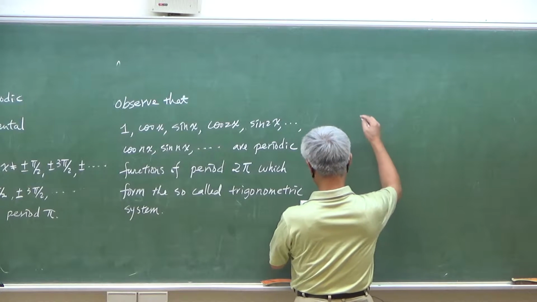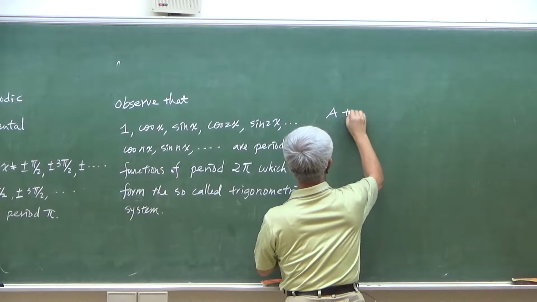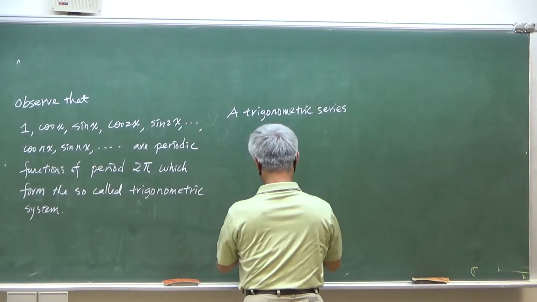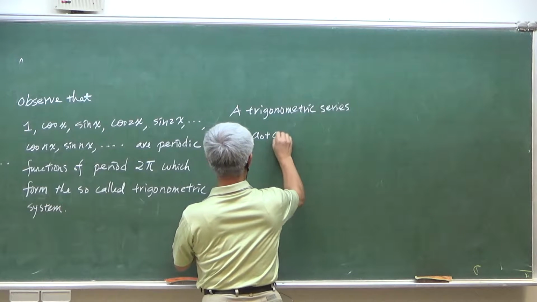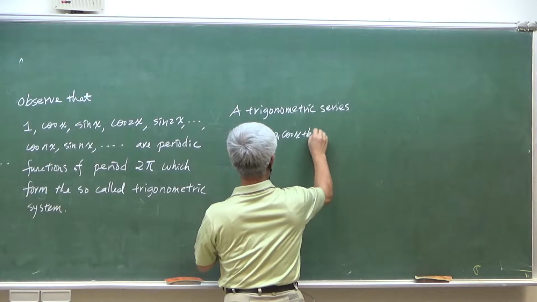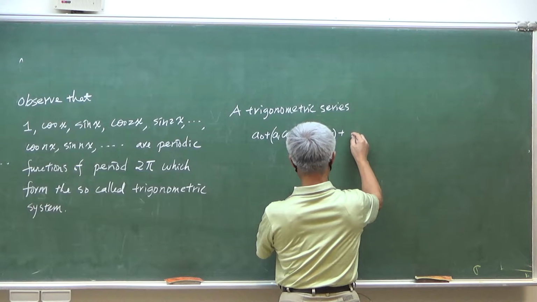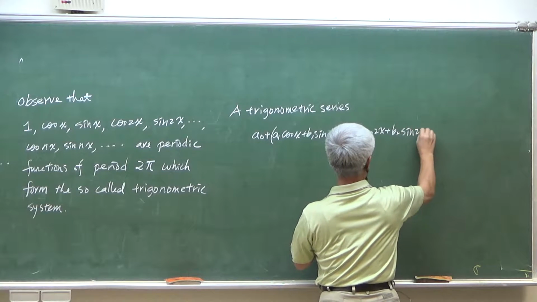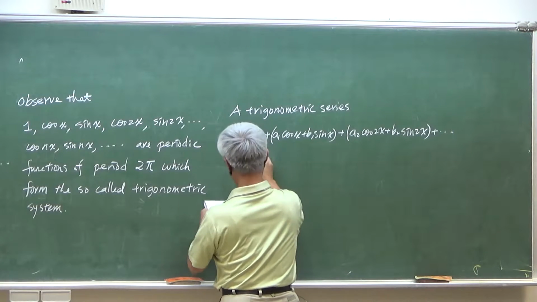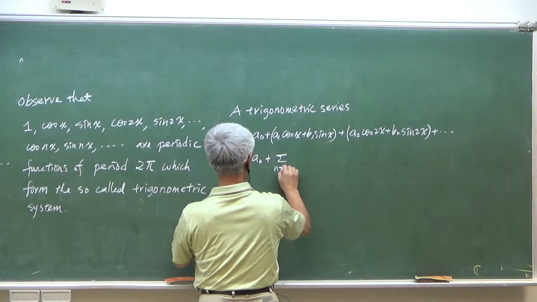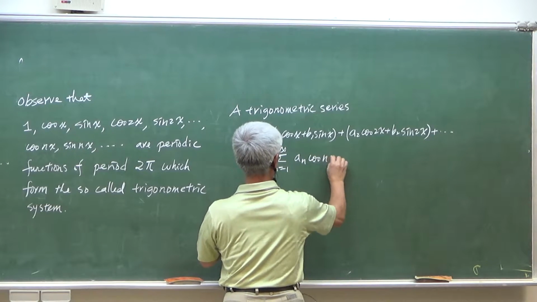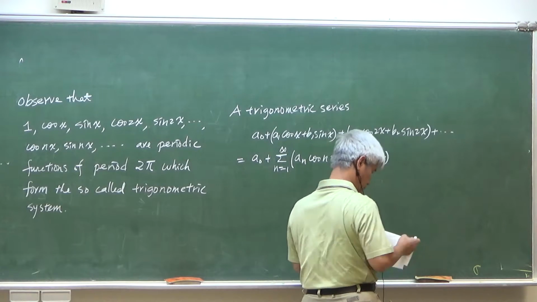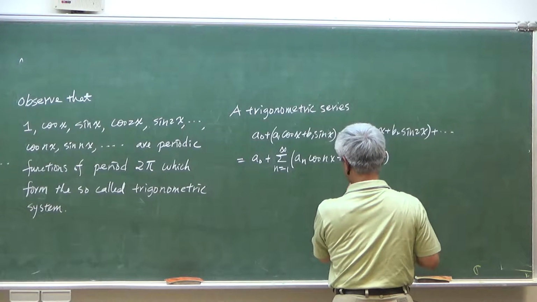So first, the trigonometric series: A0 plus A1 cosine x plus B1 sin x plus A2 cosine 2x plus B2 sin 2x plus, and so on.